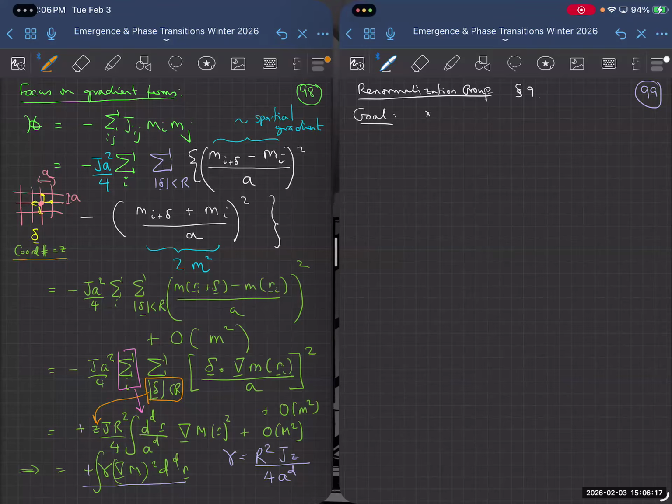So our goal is a historical introduction. The reason I'm doing it this way is because if you understand how you get the Kadanoff picture, which is quite easy mathematically, then it's easy to extend that to the full renormalization group. So we're going to follow that. The physics of this is going to be the diverging correlation length.